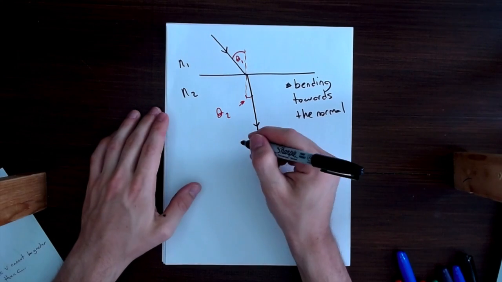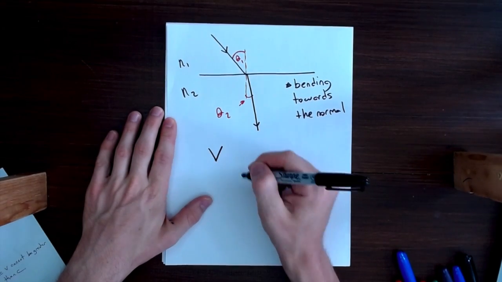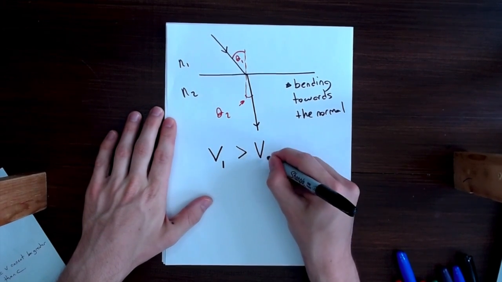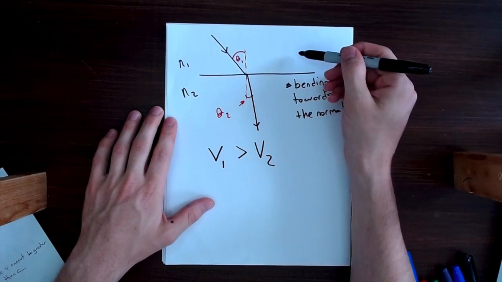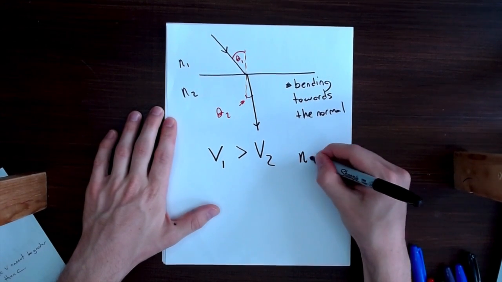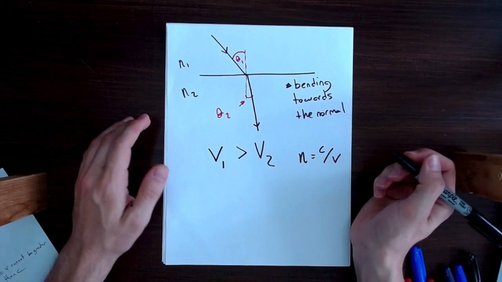Well, that's the same situation as here. So I can say that the speed of light in 1 is greater than the speed of light in 2, just like the cart is faster in this medium than in this medium. I also know that n is equal to c over v.